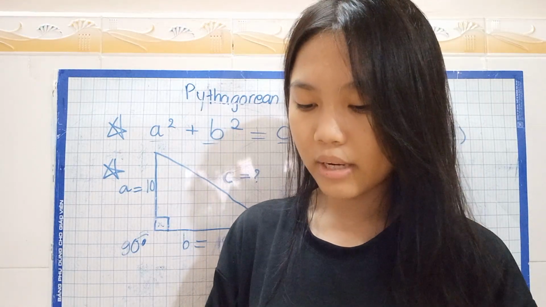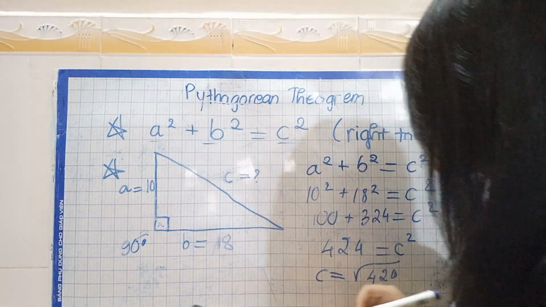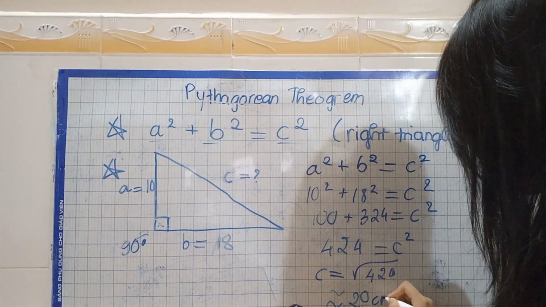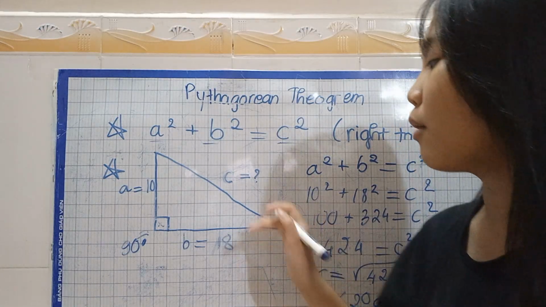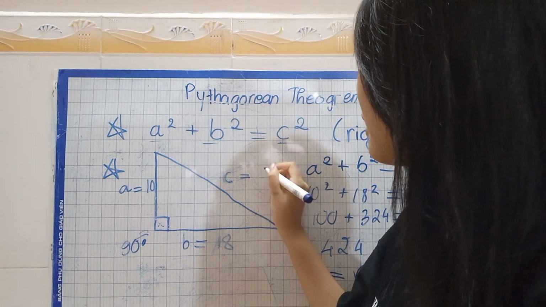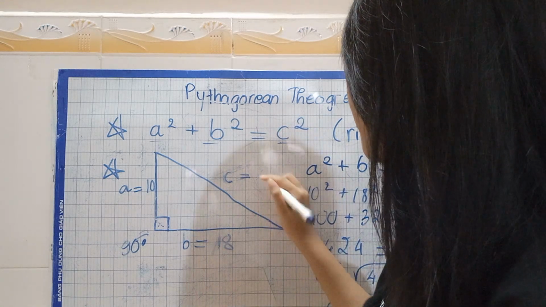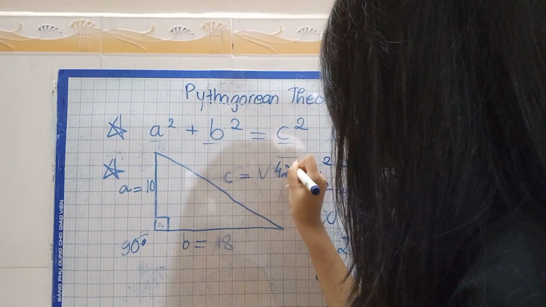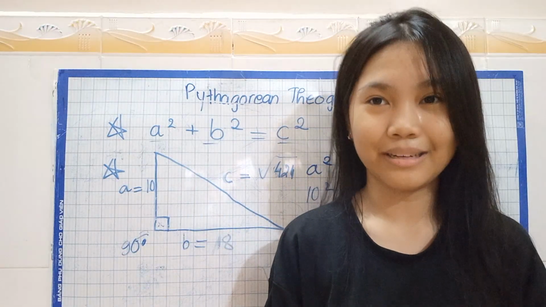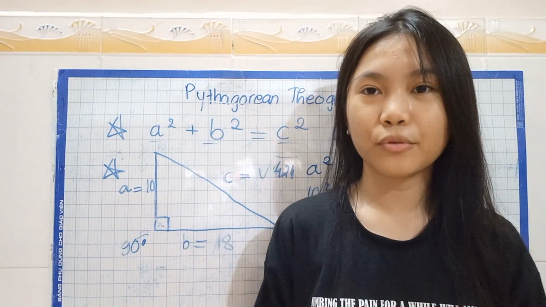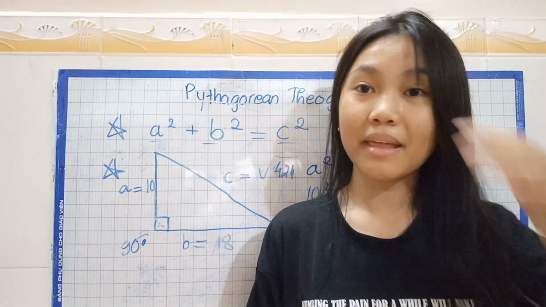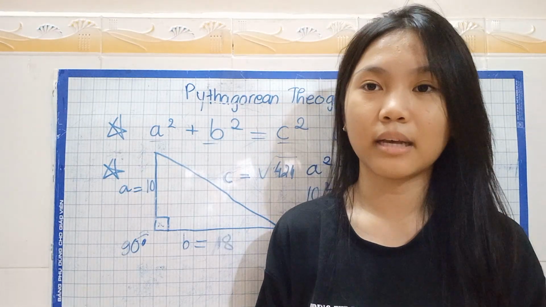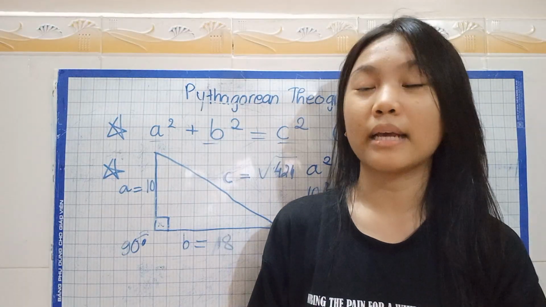But when we put it as a decimal, we could see that it's slightly more than 20 centimeters, right? So that is how we know that c here equals the square root of 424. Pretty easy, right? And this is a very useful thing that we use not just in mathematics, in geometry, but we use it a lot in daily life such as building, etc.